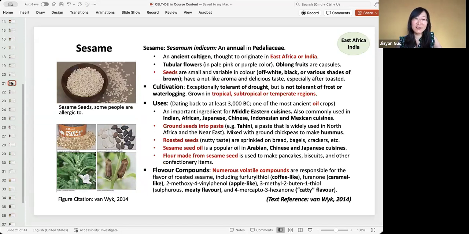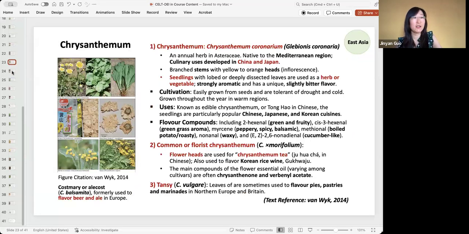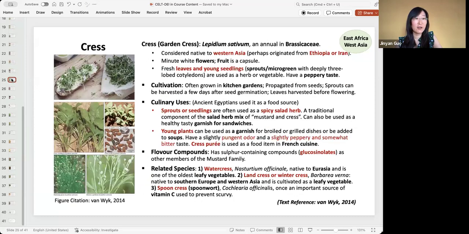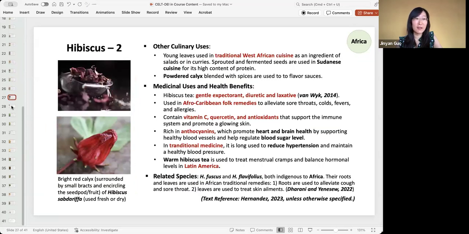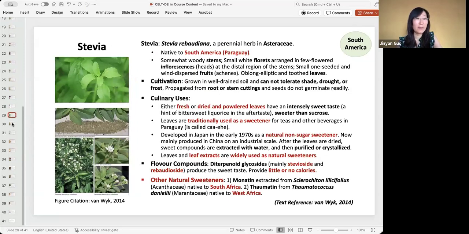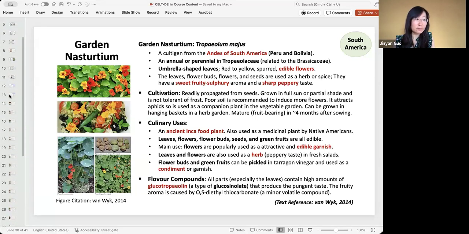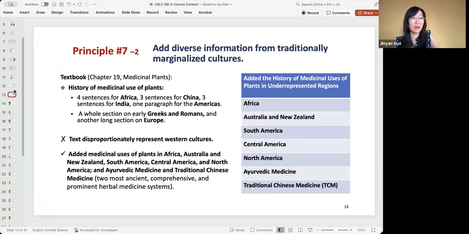I think a lot of Americans use sesame, but they don't understand that it actually originates from East Africa and India. And lotus from South and East Asia, as well as Australia, and chrysanthemum from East Asia, and lemongrass from South Asia, cress from East Africa and West Asia, hibiscus from Africa, and rooibos from Africa, and stevia from South America, and nasturtium from South America. So I tried to choose these herbs and spices that represent underrepresented societies in this textbook.